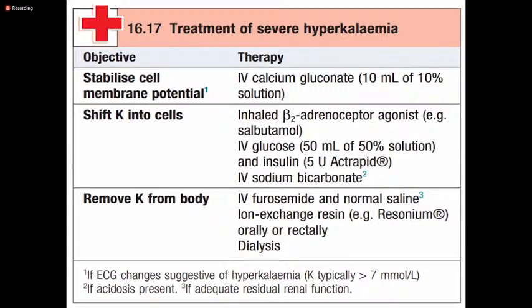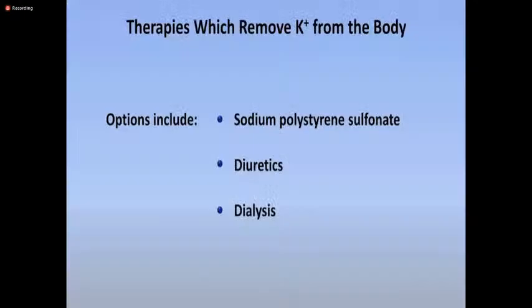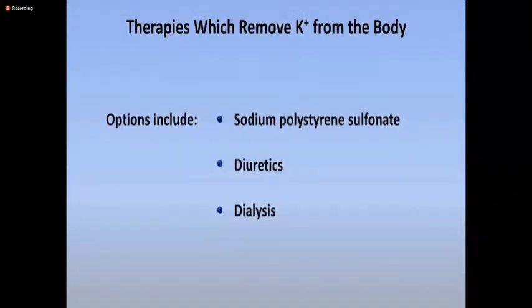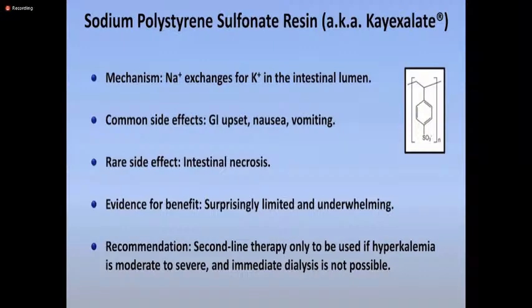like resonium, and there are newer drugs called potassium binders, which can also be used. So we'll discuss briefly sodium polystyrene sulfonate, commonly known as kayexalate, which basically exchanges sodium for potassium in the intestinal lumen.